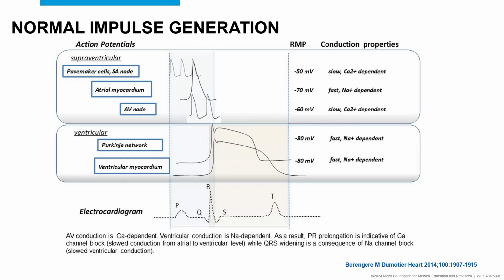Moving to the atrial myocardium, a little bit deeper, resting membrane potential down to minus 70, driven then predominantly by sodium channels. The AV node, not as negative, at about minus 60. Slow activation through the AV node, calcium dependent predominantly. And then here in the Purkinje and the ventricular myocytes, you see that classic action potential with the phase 0, phase 1, 2, 3, and 4, where you're getting back down to a resting membrane potential of negative 80.